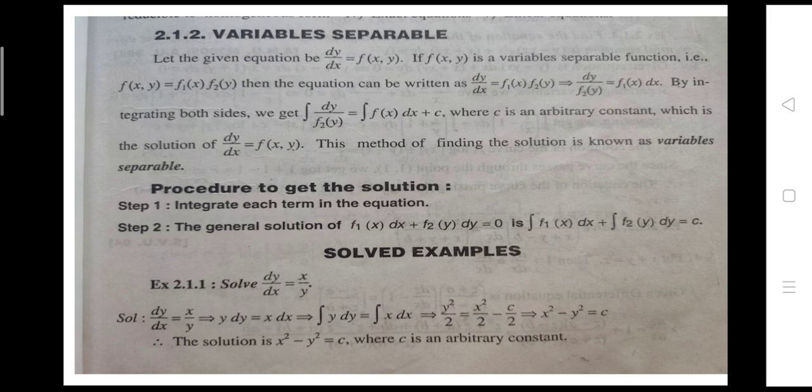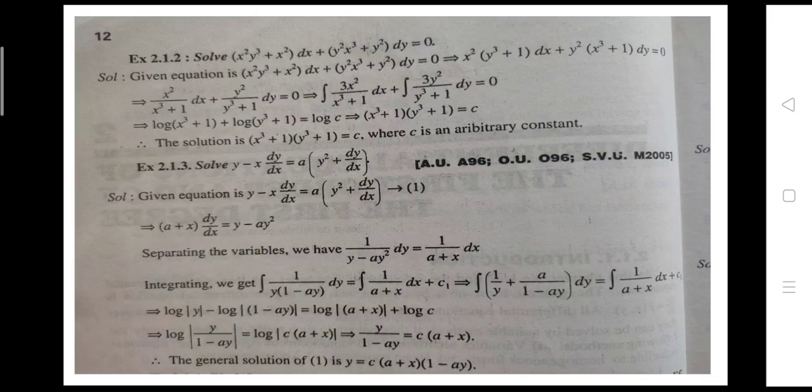Therefore, the solution of dy by dx is equal to x by y is x square minus y square is equal to c, where c is an arbitrary constant.